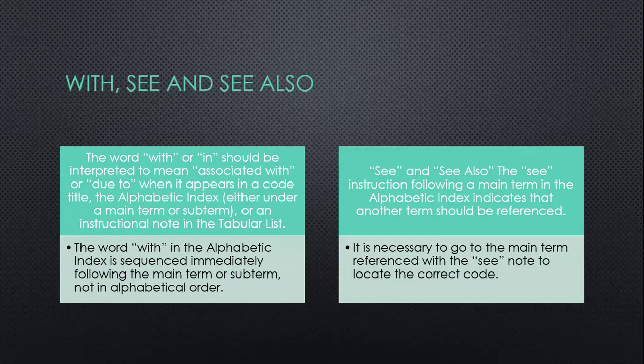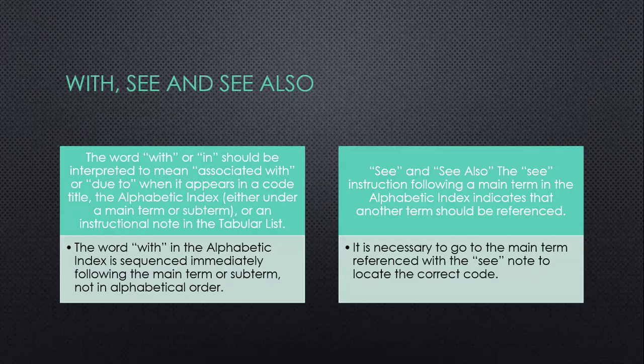For see and see also, the see instruction is followed by a main term in the alphabetic index that indicates another term should be referenced. Meaning, if you're looking in your alphabetic index and it tells you to see another area, then you need to go to that other area to find your final diagnosis choice.